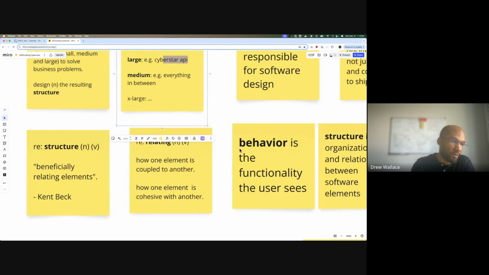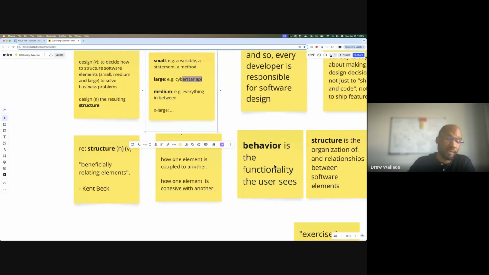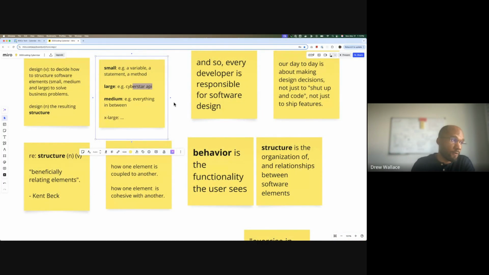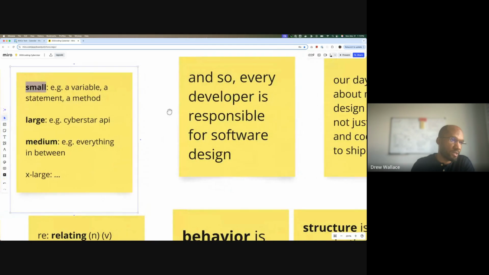And the behavior is the functionality the user sees externally; structure is internal. What's the reason for pointing out the small, medium, and large examples? It's because every developer is responsible for design.